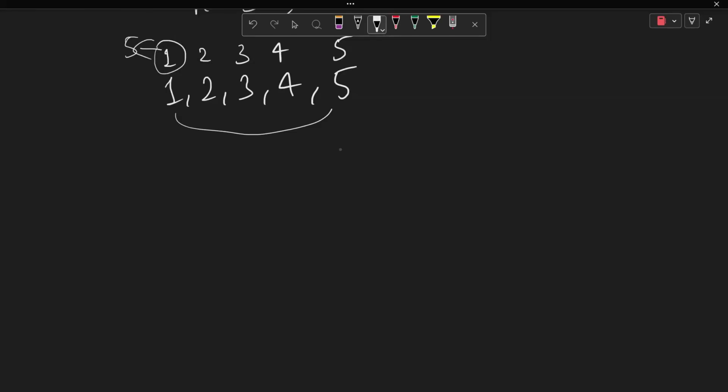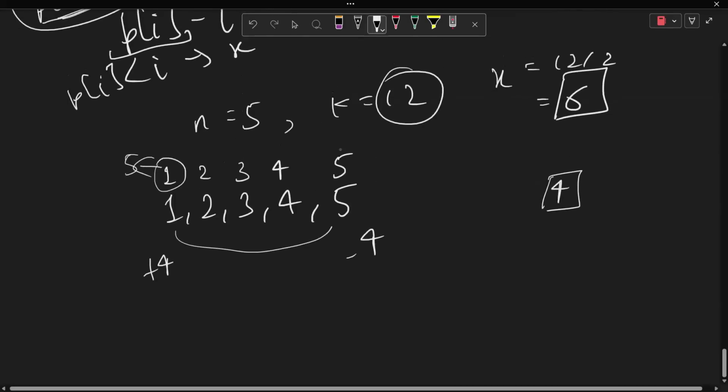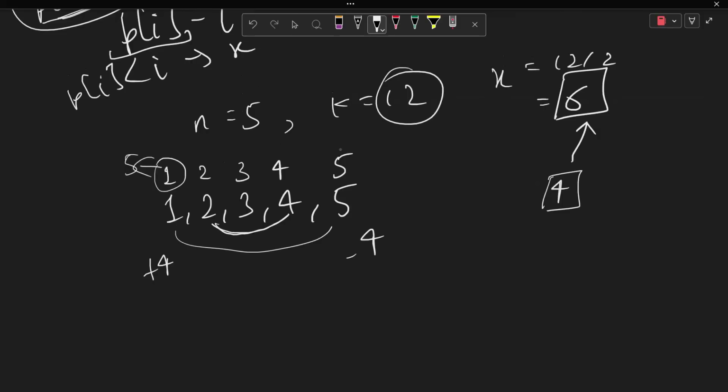So all those values where pi is greater than i, there we would have a plus 4. And this would become 1, so we would have a minus 4. So we just satisfied 4 for our x. Now we have to take this value to 6. Now we can swap these two numbers and get a plus 2 here, then minus 2 here. We can make it 6.